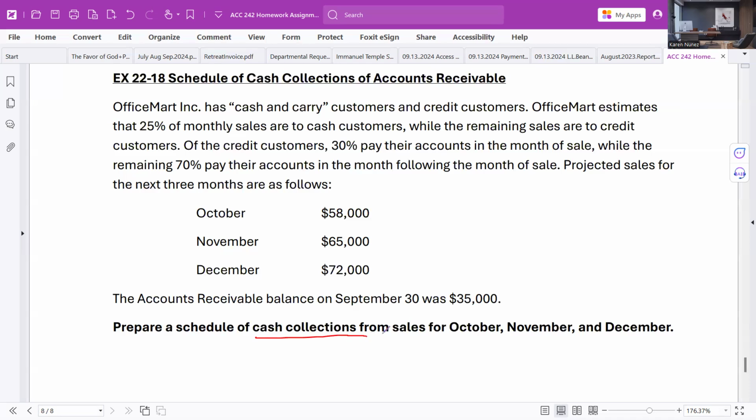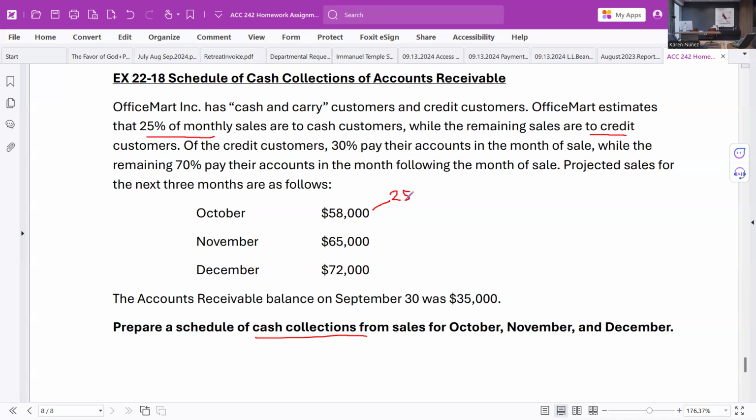So what's happening here is when they make a sale, right? They estimate that 25% of their sales are cash, and the remainder, or the other 75%, is credit. So that's the thing, right? So what that means is when they have sales in October of 58,000, well, some of that is going to be cash.